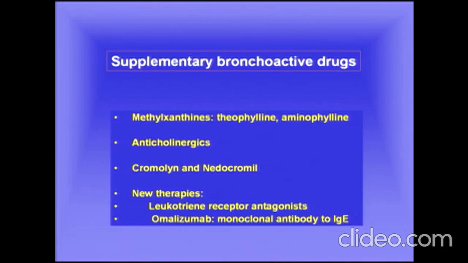One is the leukotriene receptor antagonists, and another, omalizumab, which is a monoclonal antibody to IgE. It's an expensive drug, but it's sometimes used in patients who are refractory to beta agonists and also to inhaled corticosteroids.